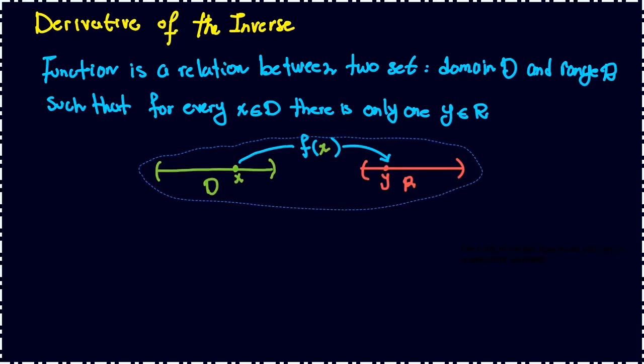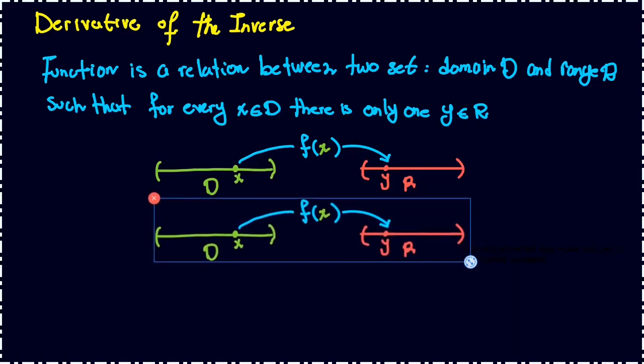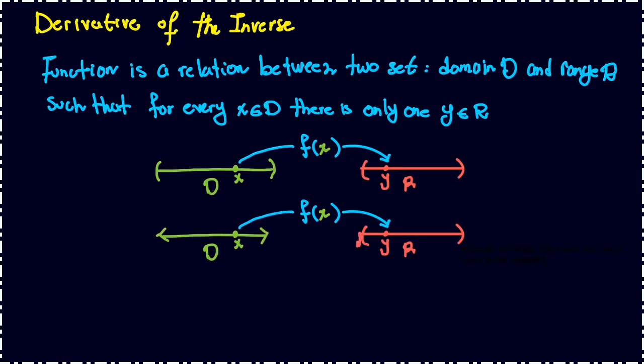Let me give you a quick example of a function. Let's say we have a set of all reals. That is the domain, and the range is the set of all non-negative numbers. So it's from 0 to infinity. Let's say our function is x squared.